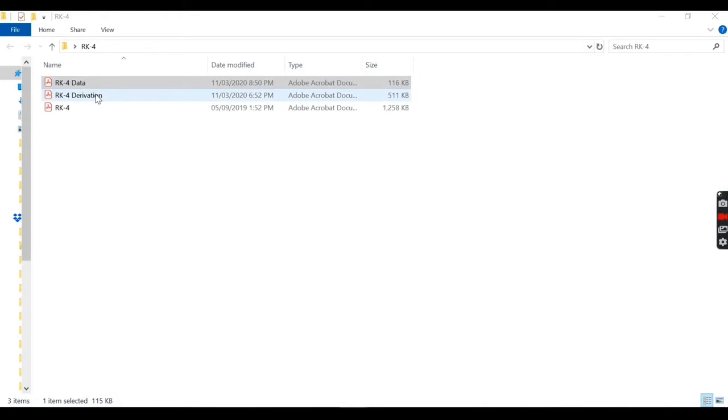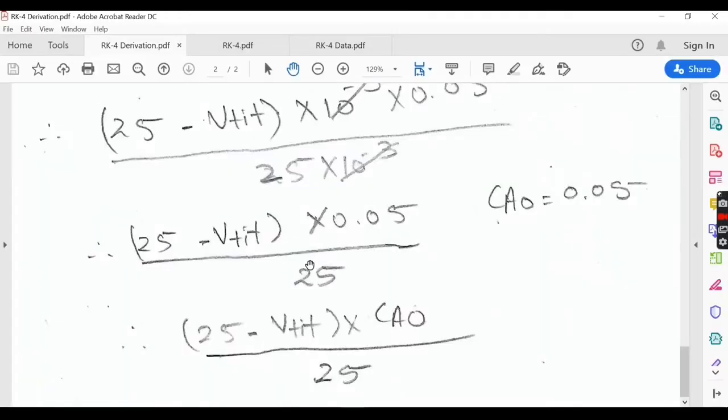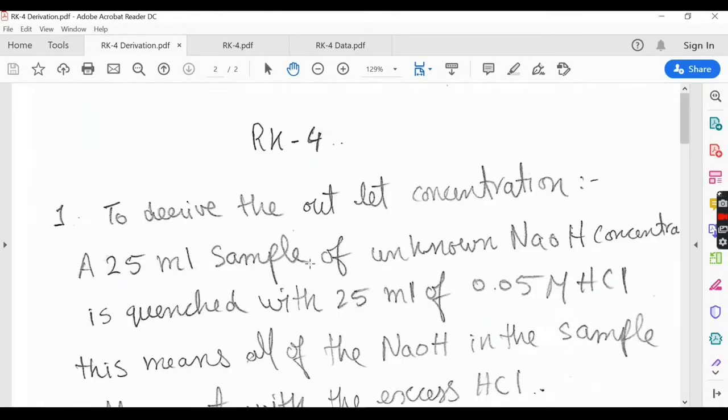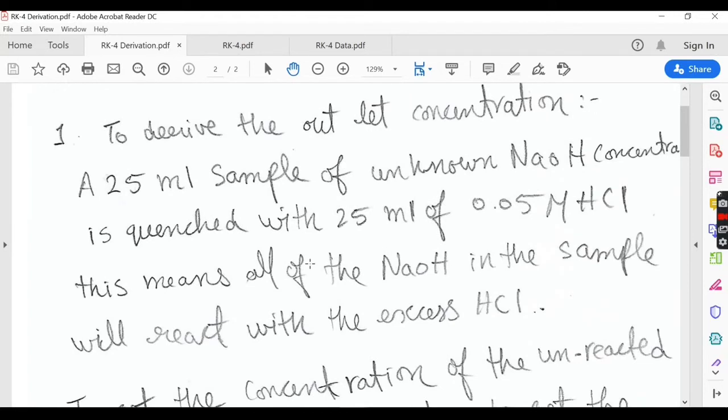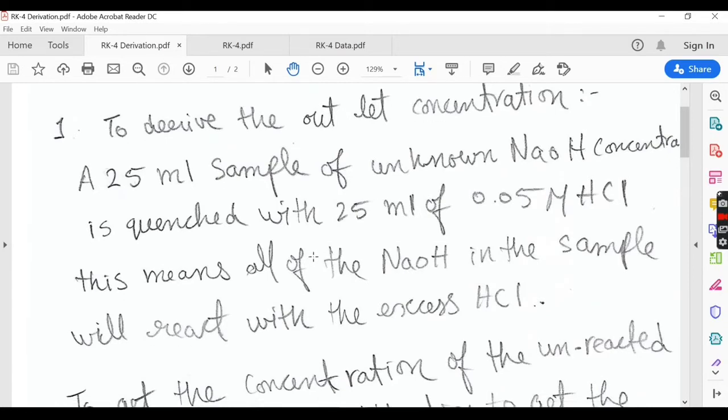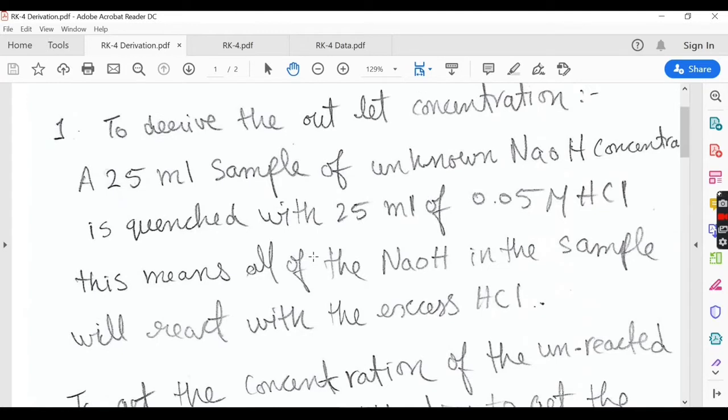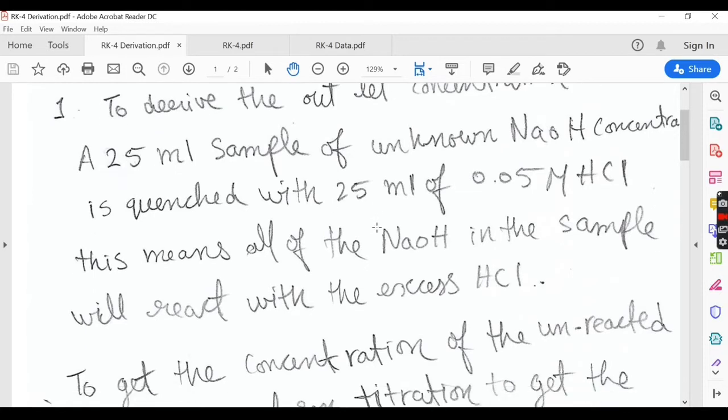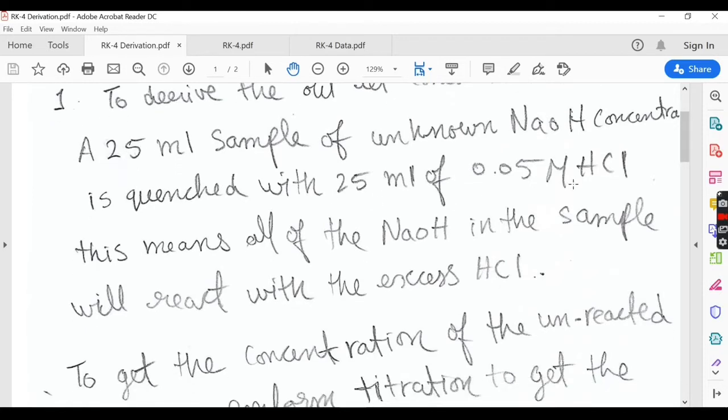After that, you open RK4 derivation. In the derivation, we want to derive the equation that converts volume titrated to concentration of caustic soda. To derive the outlet concentration, you have a 25 milliliter sample of unknown NaOH concentration taken from the reactor and quenched with 25 milliliter of 0.05 molar HCl.